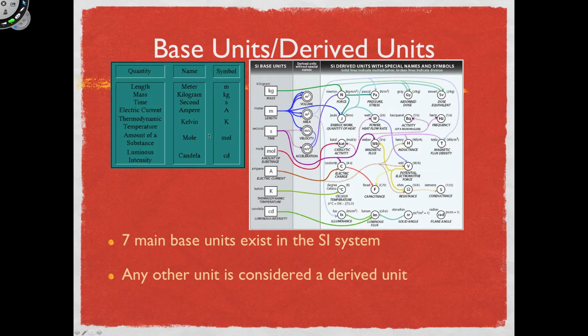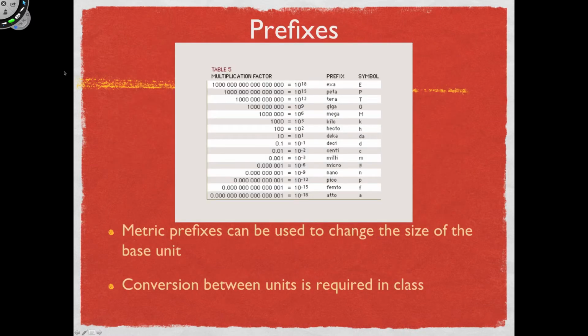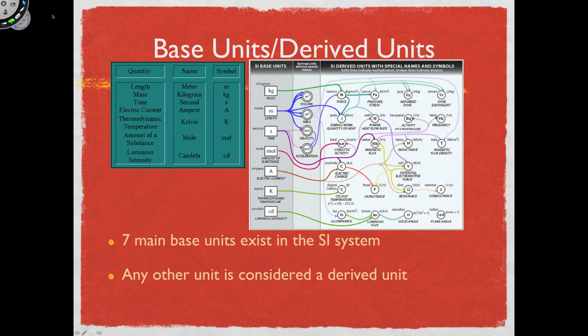Now, if you take any of these and you combine them to represent another type of measurement, you call that a derived unit. For example, the unit for acceleration is a meter per second squared. Well, we know meter is the base unit for length.